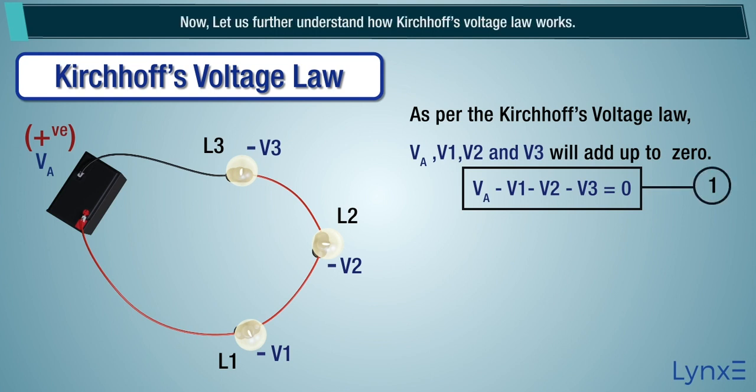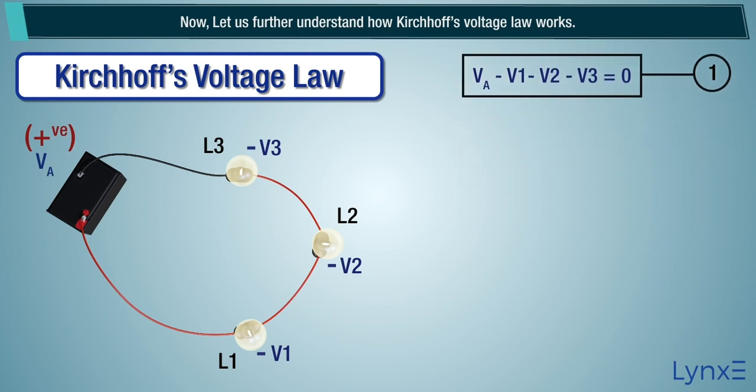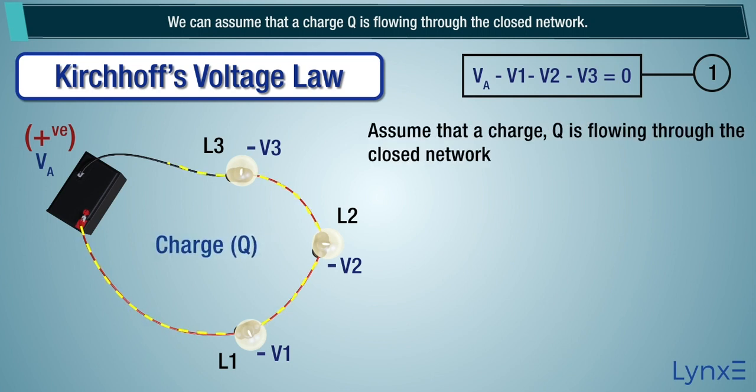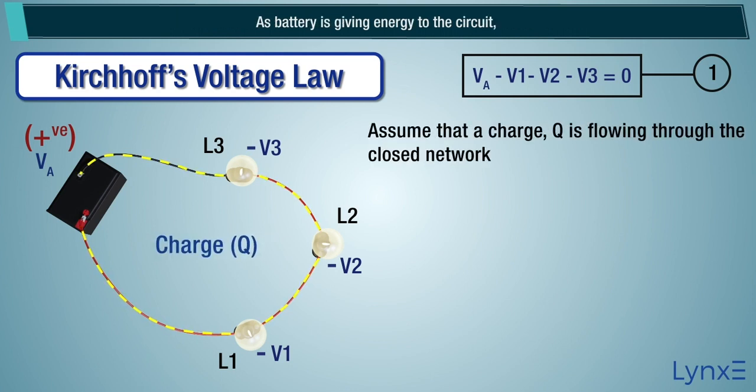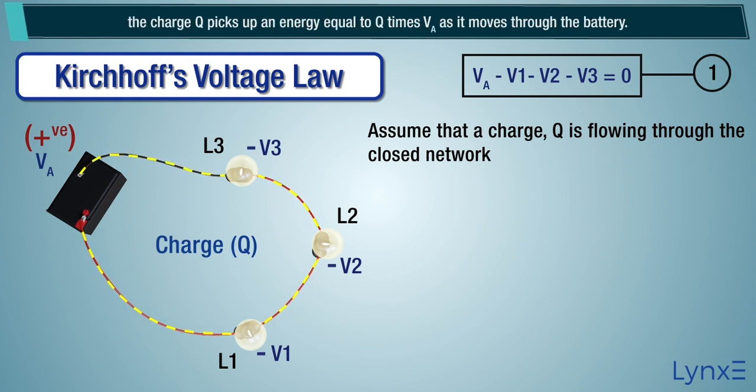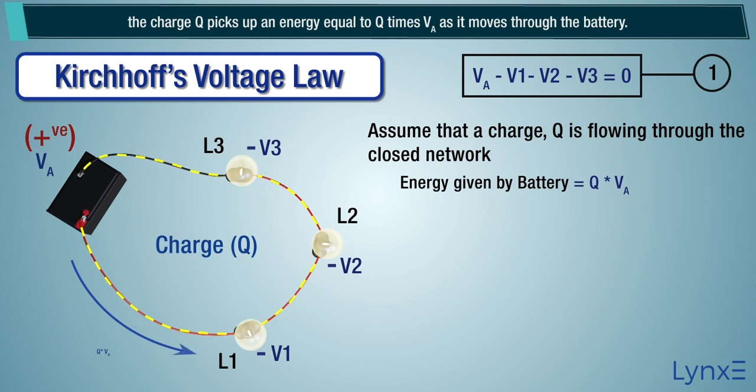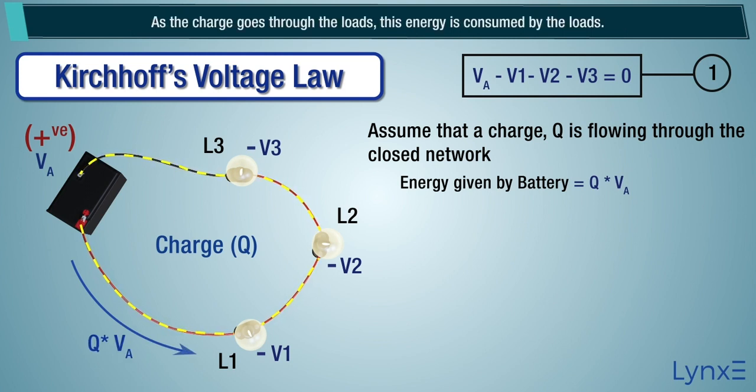Now, let us further understand how Kirchhoff's voltage law works. We can assume that a charge Q is flowing through the closed network. As the battery is giving energy to the circuit, the charge Q picks up an energy equal to Q times VA as it moves through the battery. As the charge goes through the loads, this energy is consumed by the loads.